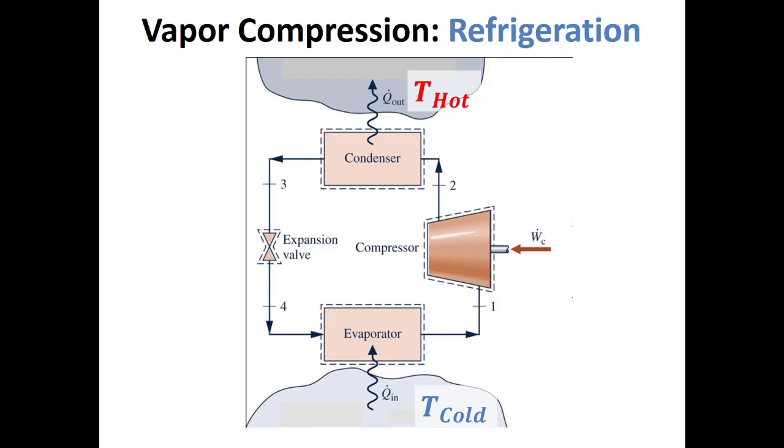So this cycle also consists of 4 components. They're open system components, just like we saw in the Rankine cycle and in the Brayton cycle. But the order here is a little different. When you look at this, it's almost like a Rankine cycle that's run in reverse.